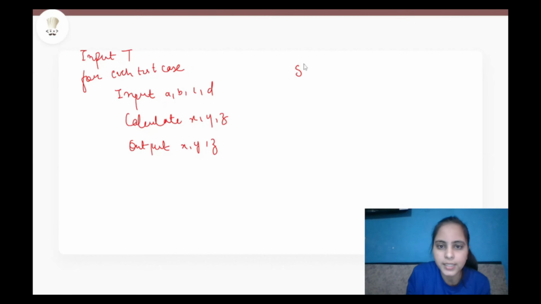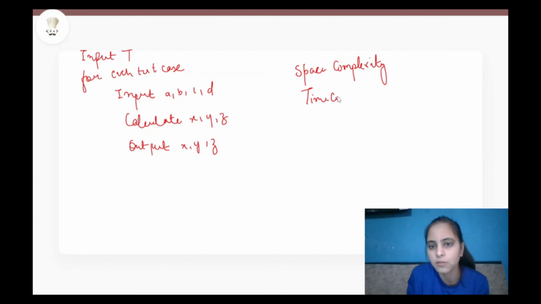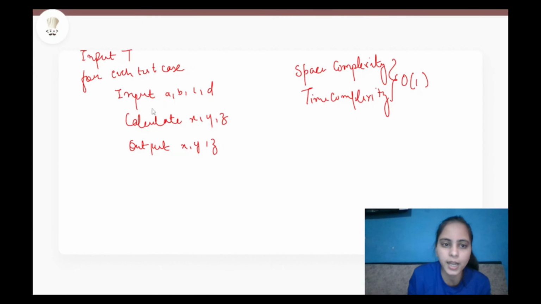The space complexity and time complexity for the solution is going to be O of 1 per test case, because we are doing a constant number of operations here and also storing a constant number of variables.